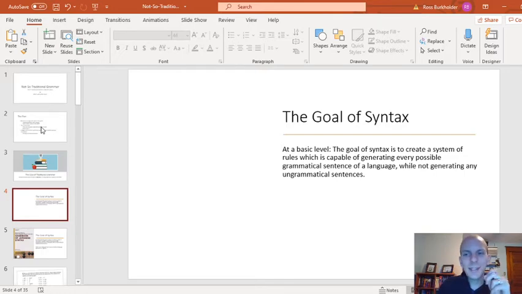So the goal is to create a system of rules which is capable of generating every single possible grammatical sentence. So all the good prescriptivist, all the good sentences of a language like English, and the rule system should not over-generate. That's to say, it shouldn't generate any ungrammatical sentences. That's the goal. Make a system that can give us all the grammatical sentences and not give us any ungrammatical sentences.